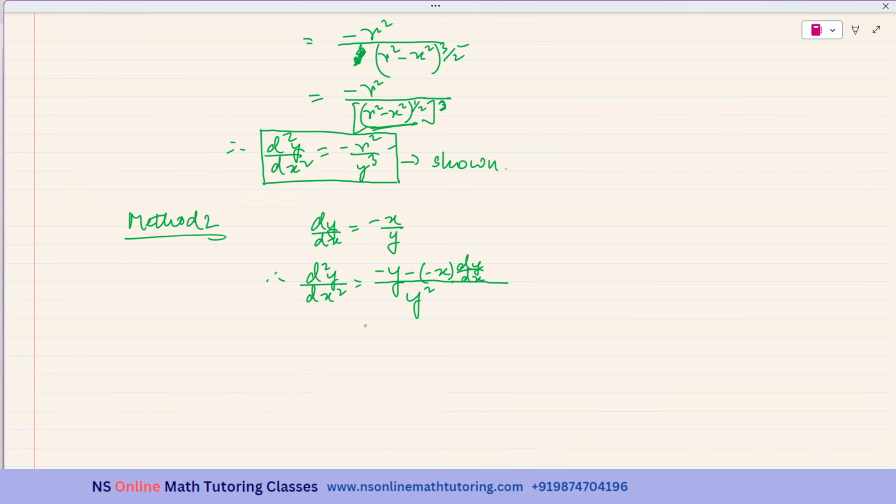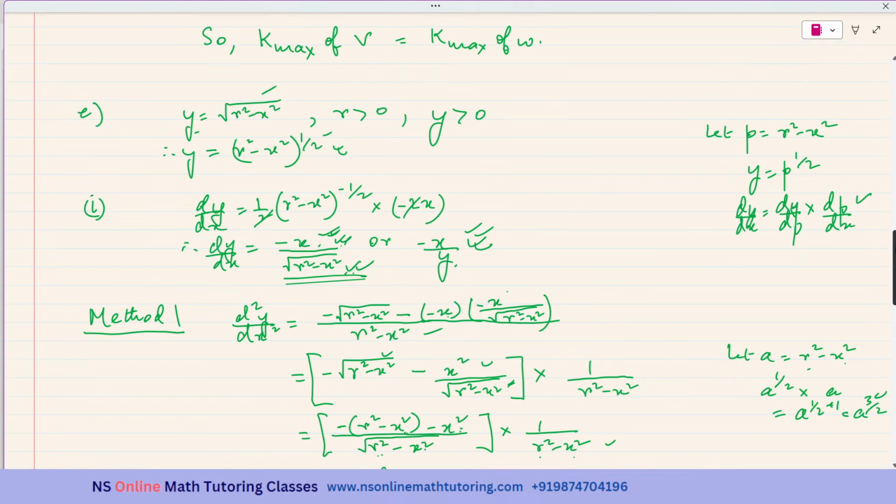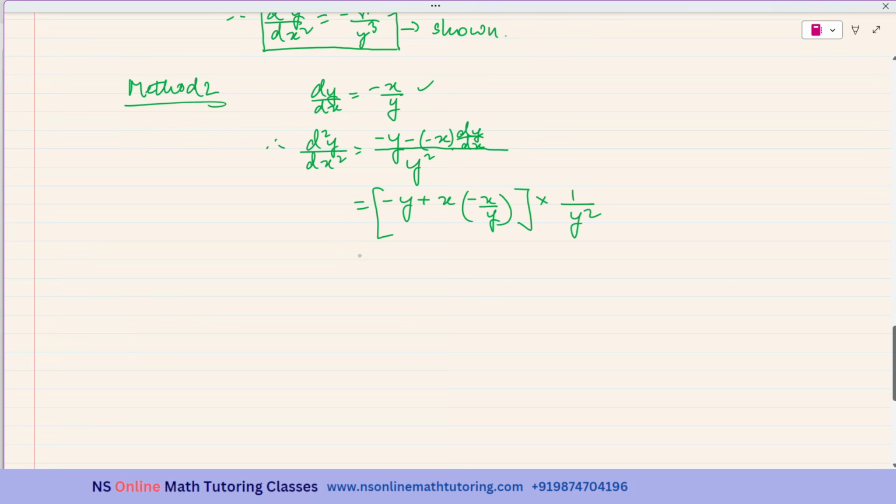Okay, so this is equal to minus y plus x, and what is dy by dx? It is minus x over y. So minus x over y times 1 over y square. Again I am taking the common denominator as y.